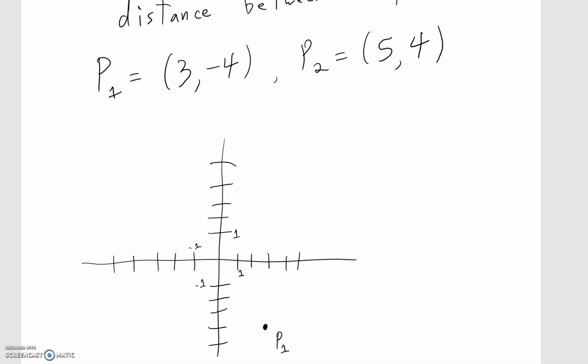The second point has coordinates 5, 4. So 1, 2, 3, 4, 5, and then 2, 3, 4. So here is that second point, which I'll denote by P2.